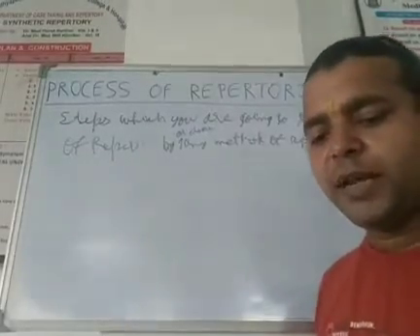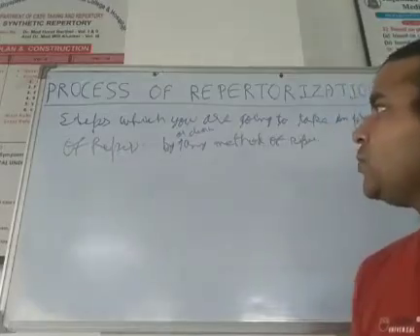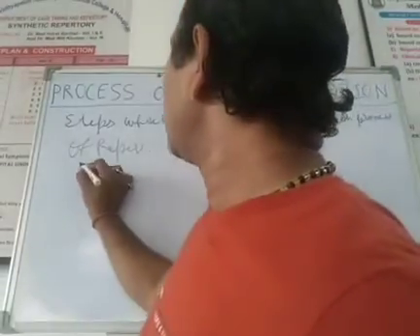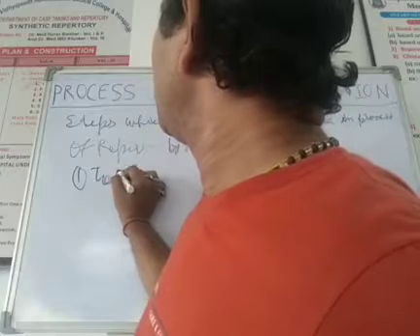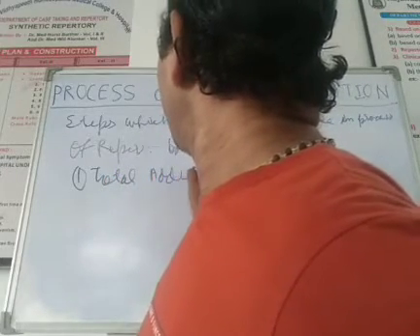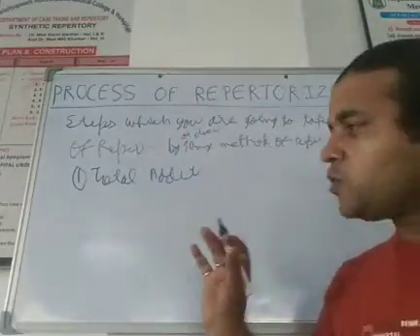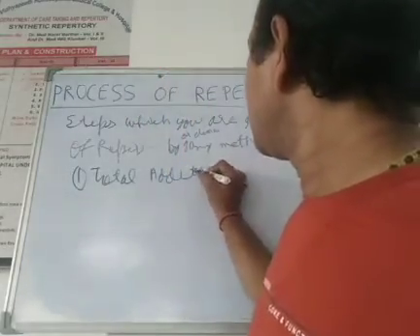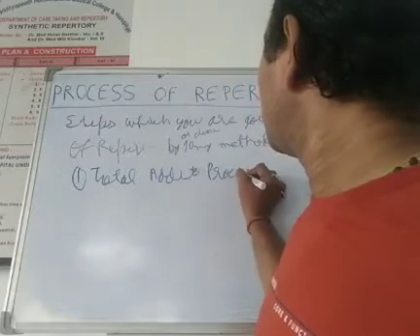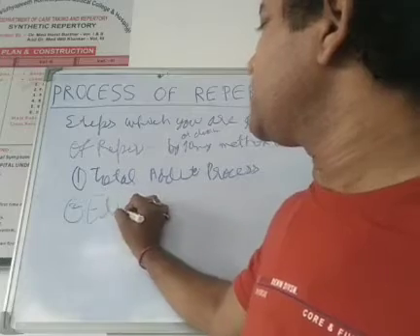So it is mainly divided in two processes. One is the total addition process, and the other is the elimination process.